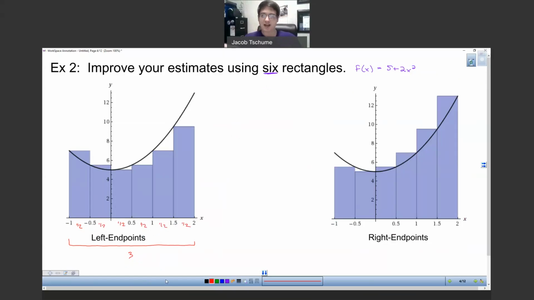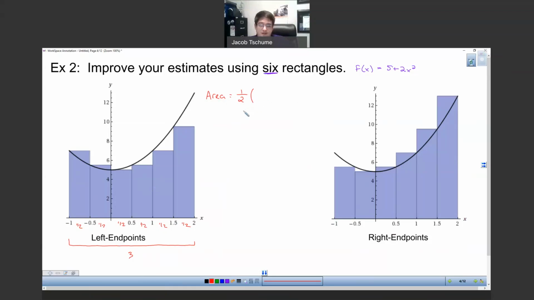So using the idea I showed you a minute ago, when you calculate the area, and we're going to do the left endpoint in red again, since all 6 of these rectangles are going to have a width of 1/2, to save myself a little bit of effort, I'm actually going to factor out the 1/2 here. And then I'm just going to measure all of the heights of these 6 rectangles, and then calculate and add them together.